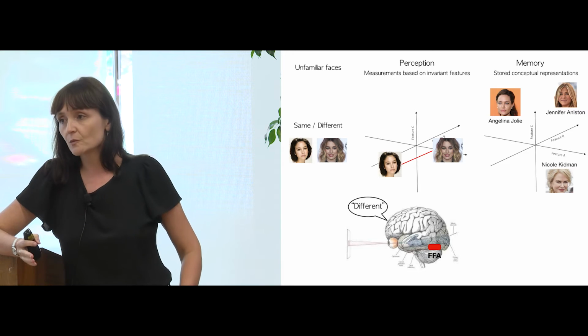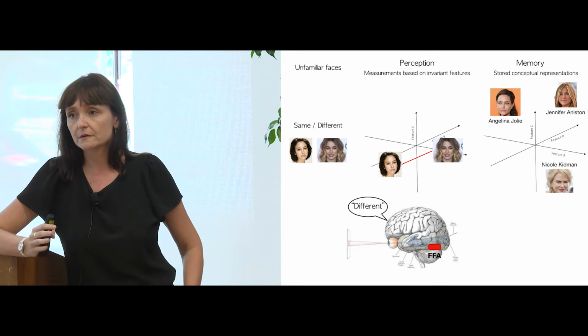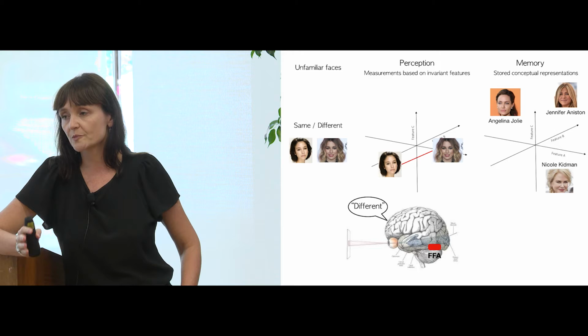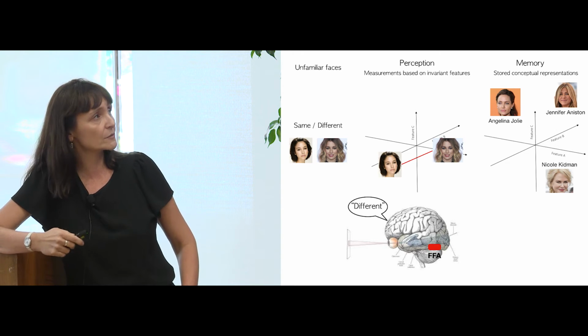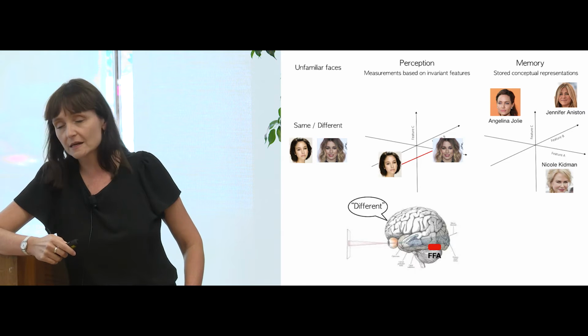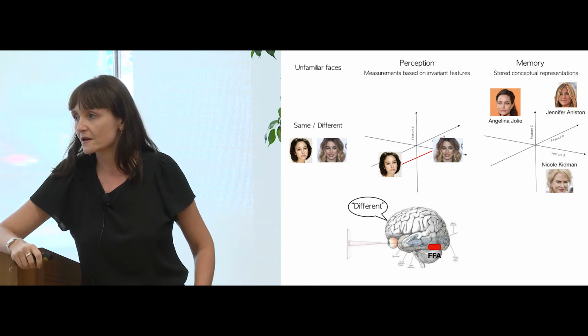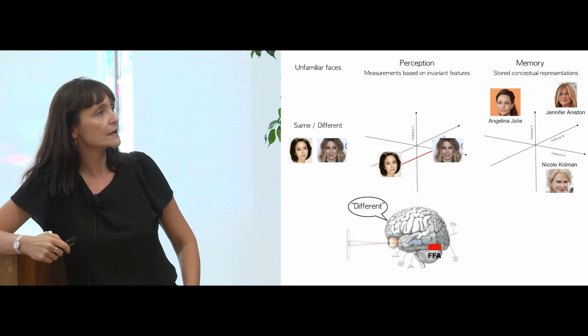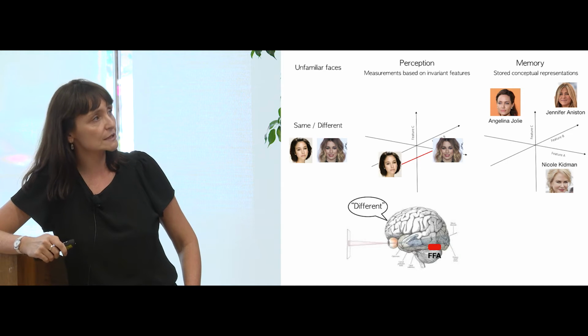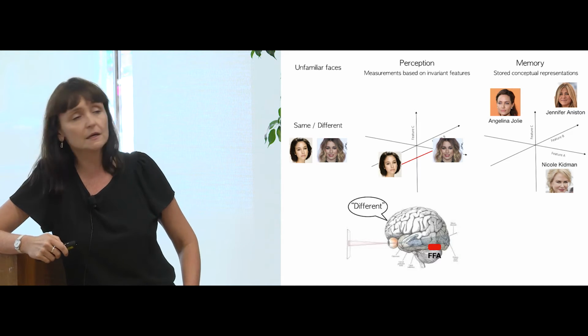However, at the same time, we always compare faces that we see to stored representations in memory. Those stored representations in memory are perceptual and conceptual. These are just 3 examples out of the 5,000 that we actually may have there. And they may also be represented using the same coordinates, the same features.